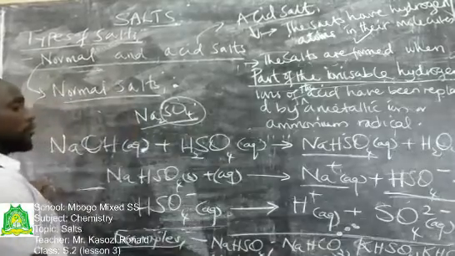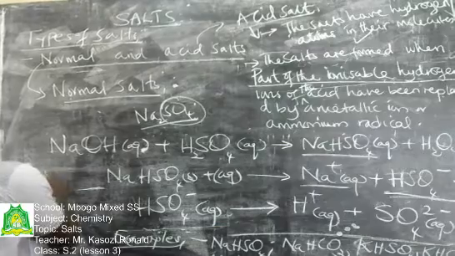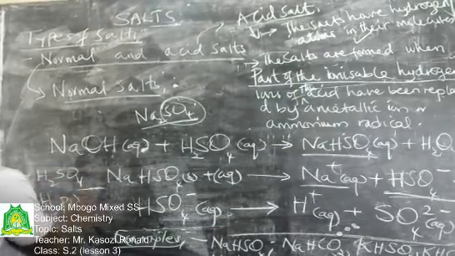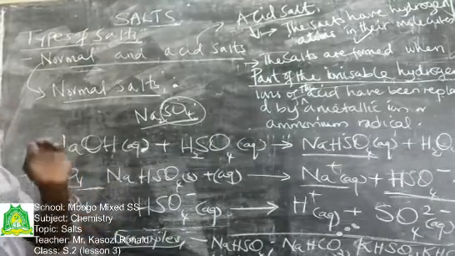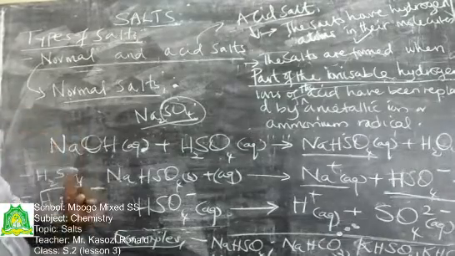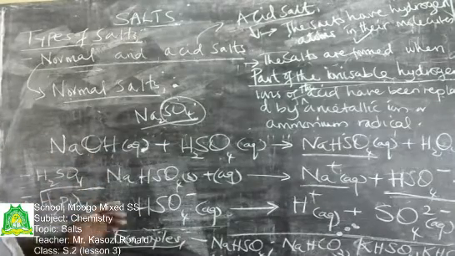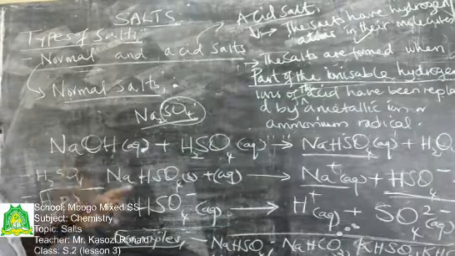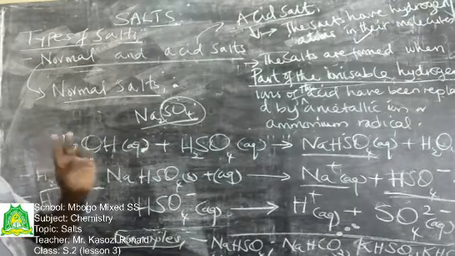Acids which form acid salts include sulfuric acid and phosphoric acid. But nitric acid and hydrochloric acid only form normal salts because they have only one replaceable hydrogen ion. Sulfuric acid can form both normal and acid salts because it produces two replaceable hydrogen ions.